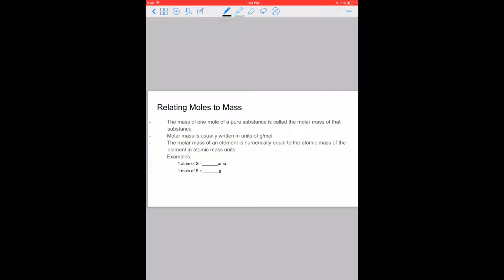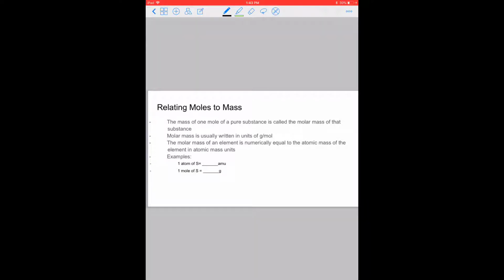I would have you think about if I have a dozen elephants and a dozen rabbits. Obviously, I have 12 of both of those things, but the dozen elephants is going to weigh a lot more than a dozen rabbits. So that's kind of what is happening when we're looking at the masses of elements on the periodic table. Some of them are much heavier than other ones.